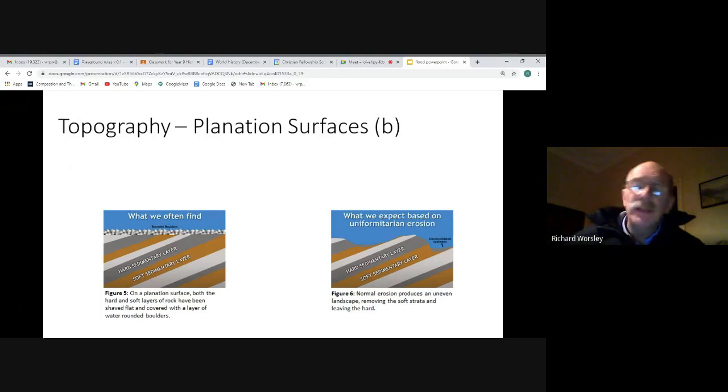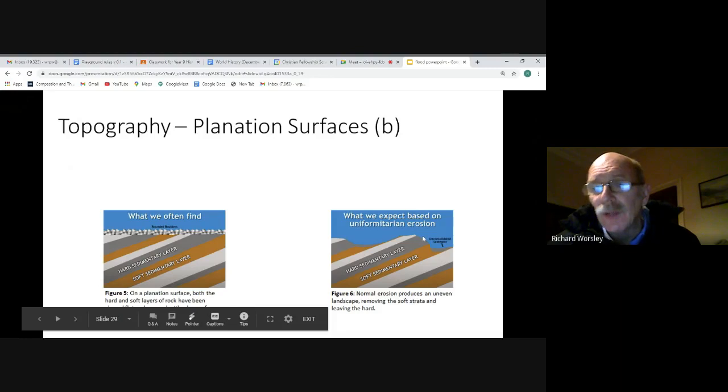If you were to believe that these surfaces have been around for millions of years, you would have expected to see differential erosion rather than planation surfaces. You would expect the hard layers of rock, which are often coming in at an angle, to be raised above the soft layers of rock, which would erode more quickly.